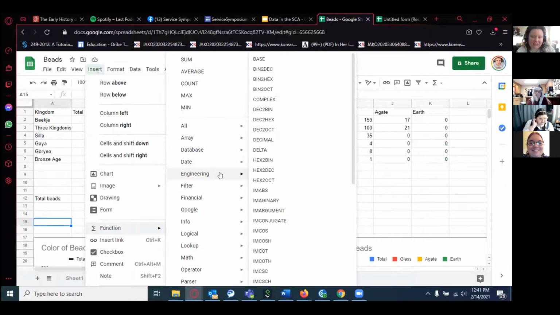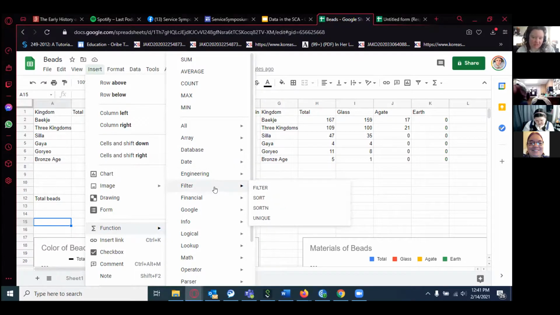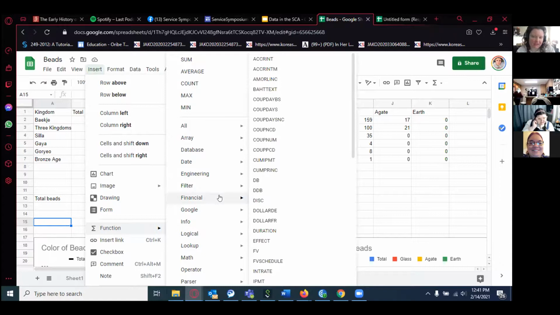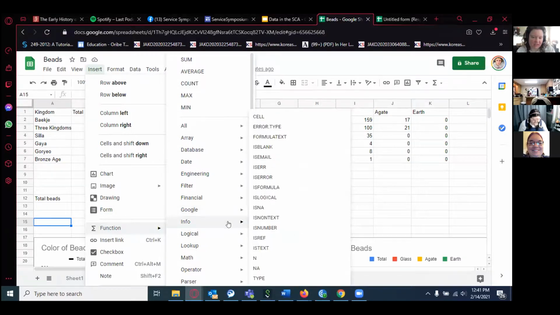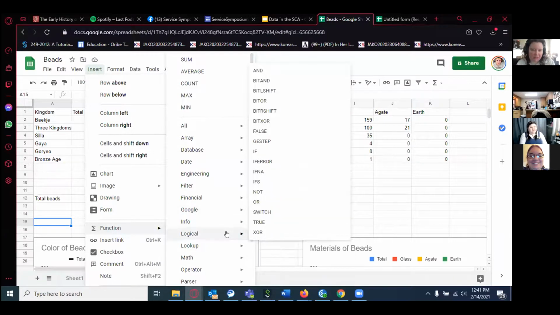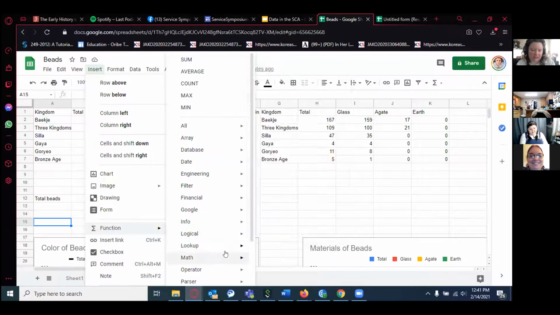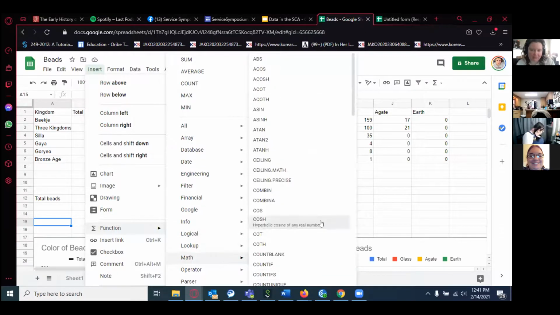Not that you'll ever use the engineering part, but you can use engineering, filters, financial information. Google Translate actually is in this. So if you are working with data that might not be in English, you can actually look at doing Google Translate in this. But the biggest one that you'll be looking at is the math one.